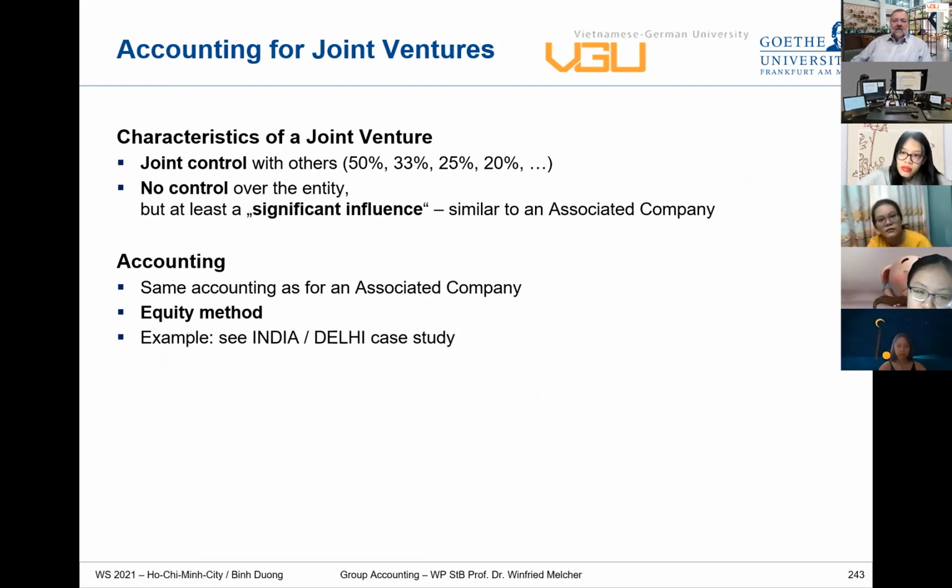You know that already, the equity method. So please look at India or Delhi and just think of Delhi as a joint venture. Then the accounting and the consolidation would just work as if Delhi was a joint venture.